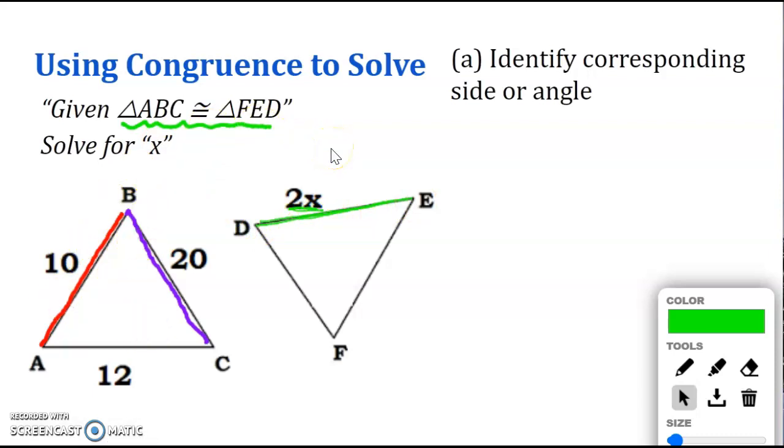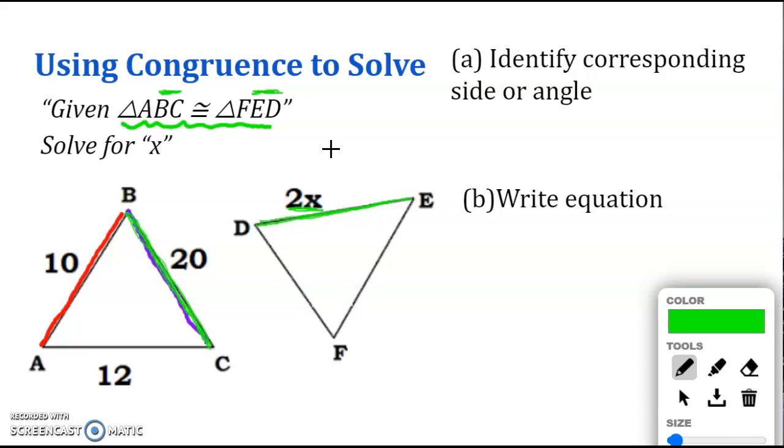DE is the last two letters of the congruence statement of the right triangle. That means it's going to correspond to the last two letters of the left triangle, which is BC. BC is going from B to C, right here. So this is the side they are congruent to.